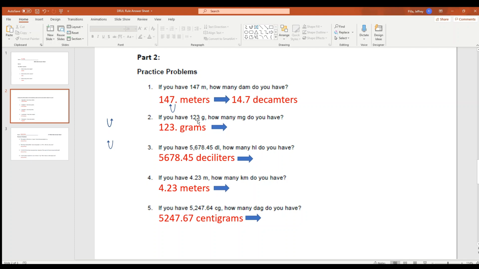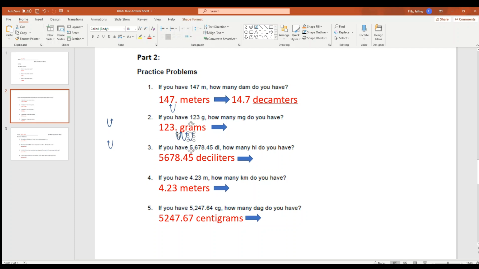Again, where's the decimal in 123? I don't see a decimal. Because you don't see a decimal, it's understood that the decimal is at the end. Okay? So we are going to move it 3 times. So it gets moved once, twice, 3 times.